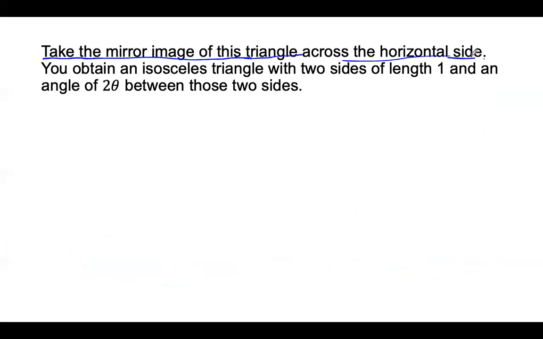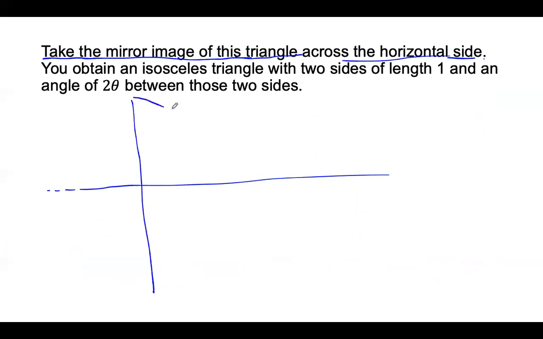That depends, of course, how you set it up to begin with. So I'm just going to redraw it again, nice and large. They are mirror images of one another.